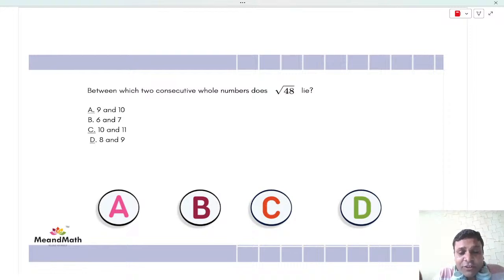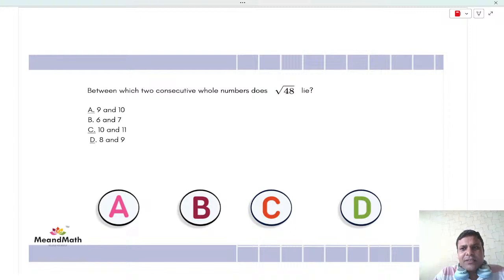If you find root 48, then it is a decimal number, because it's not a perfect square number. So you have to tell in which two whole numbers it will lie.